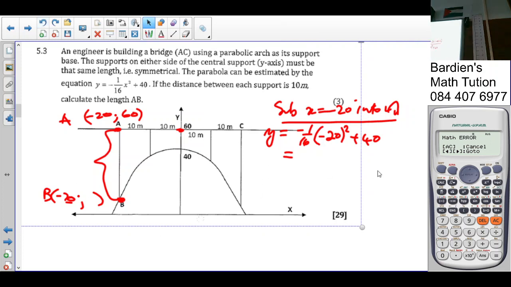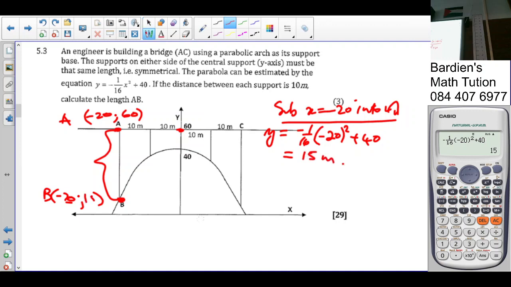Plug that into the calculator. Negative 1 over 16 into negative 20 squared plus 40 gives you 15 meters.